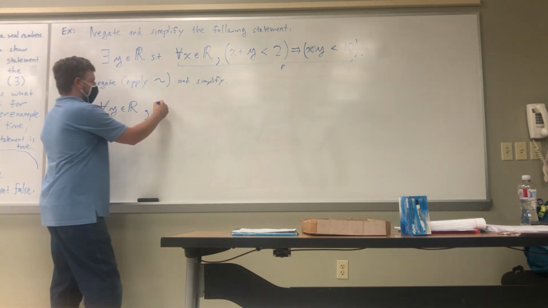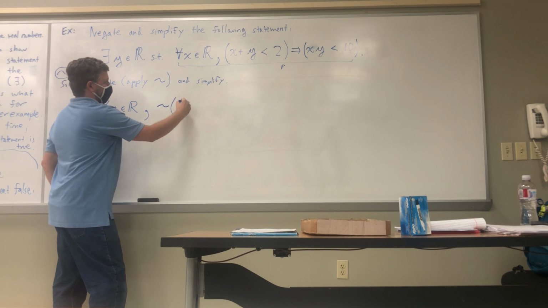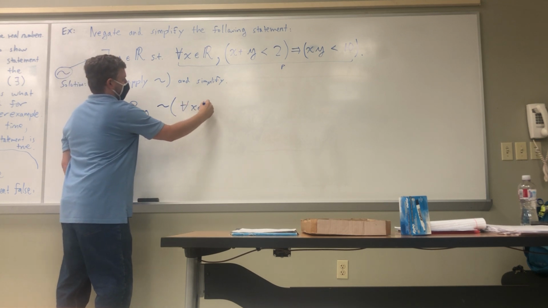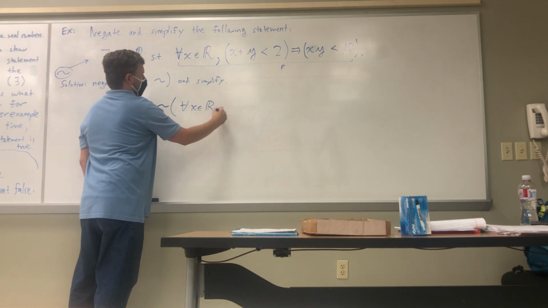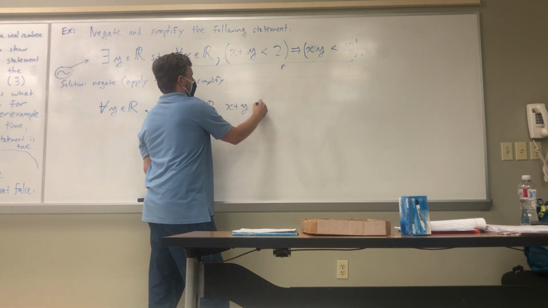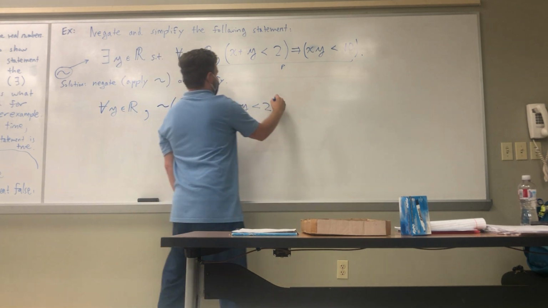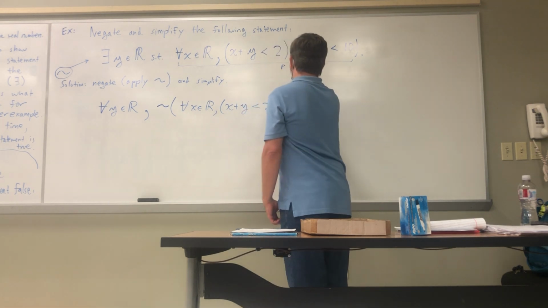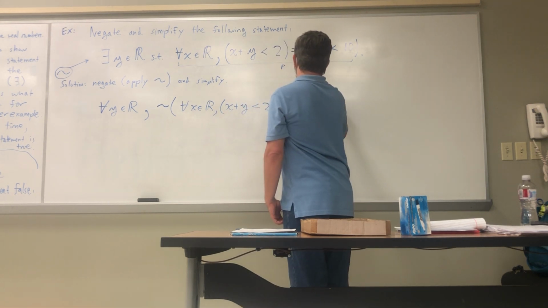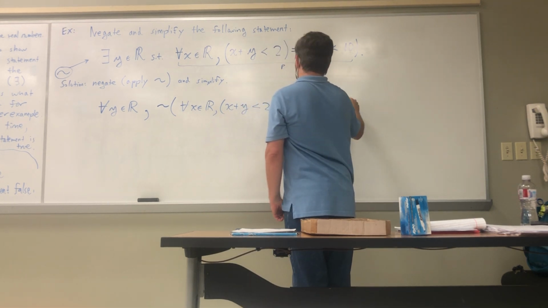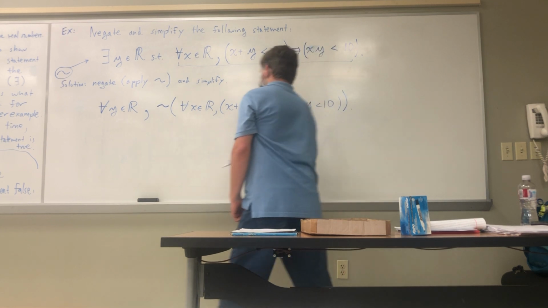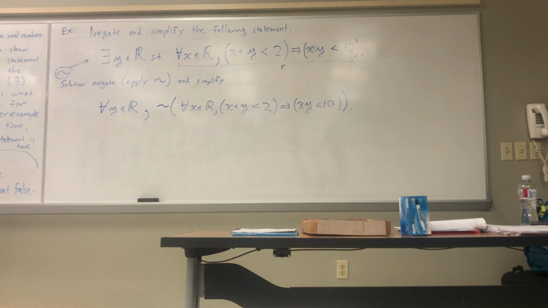Now I just want to apply not to everything else. For all x element of r, comma, x plus y less than 2 implies xy less than 10 on this part. I'm just showing my work.